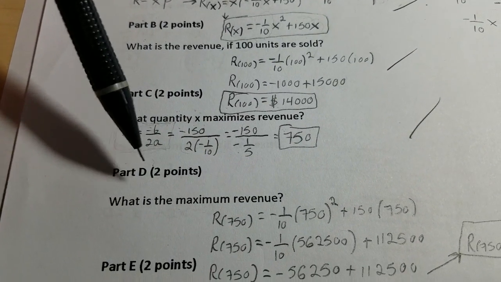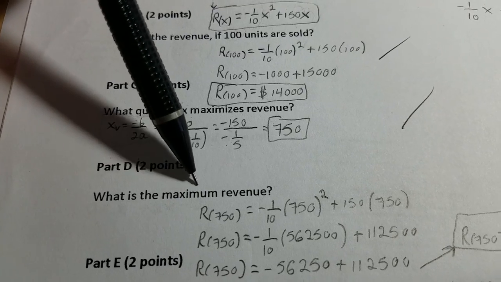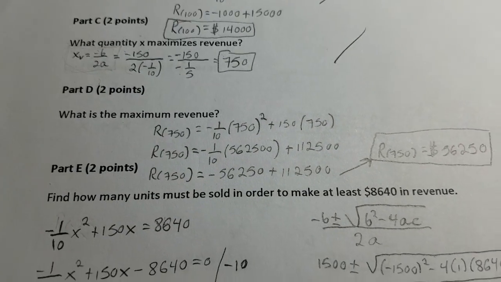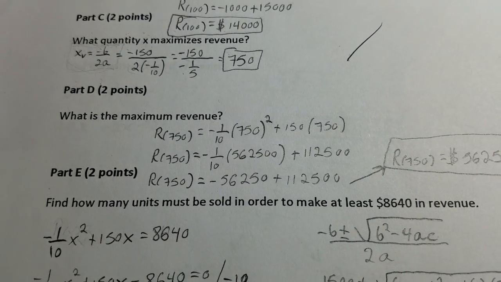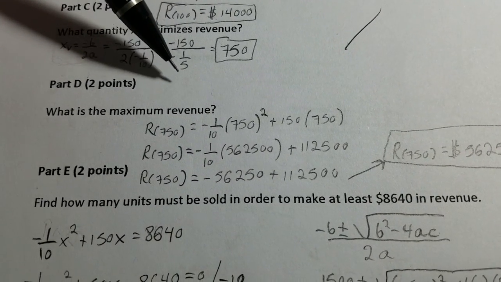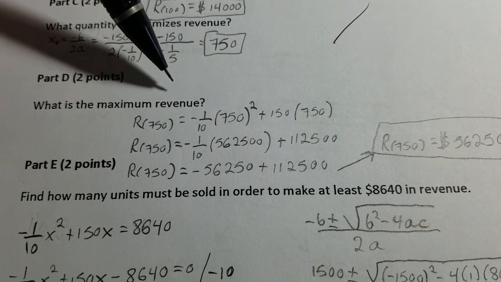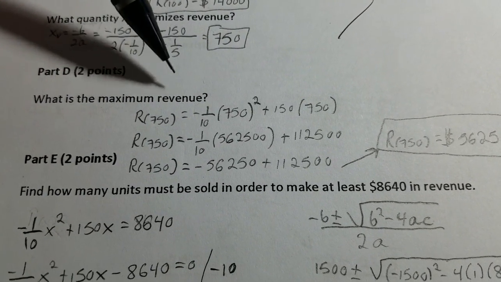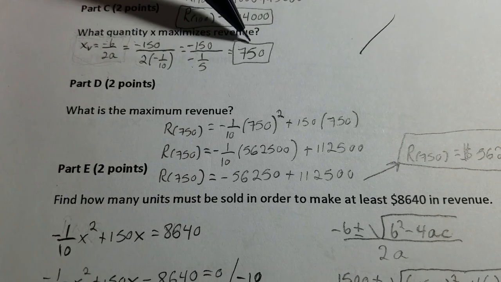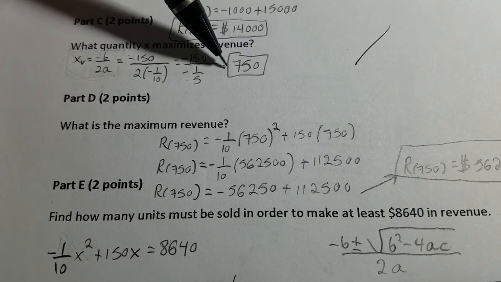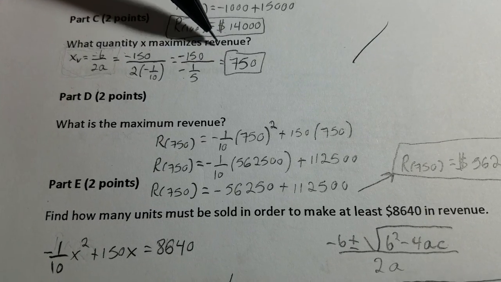For part D, what is the maximum revenue? The maximum revenue means that if I can sell all the units, all the pieces, all the things that I'm selling, that is going to be the maximum amount of money that I'm making out of that sale. Again, we already found that this is the number of units that will maximize my revenue.